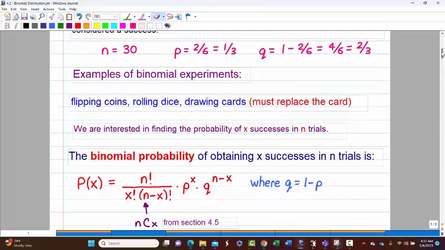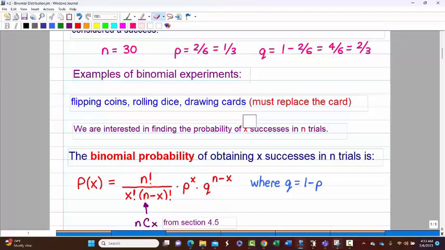Now here are some binomial experiments: flipping coins, rolling dice, and sometimes the problem will say, even if you're not sure, just assume the conditions of a binomial experiment are met. So sometimes we do take liberties with things a little bit. Drawing cards can only be considered binomial if you replace the card, because if you didn't, the probability would be affected by the event before.